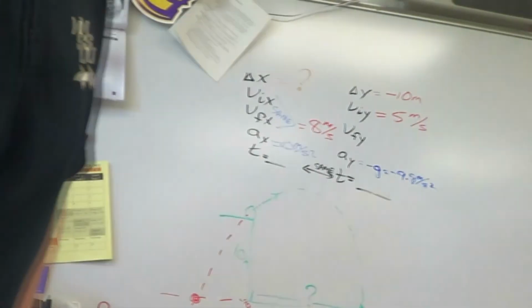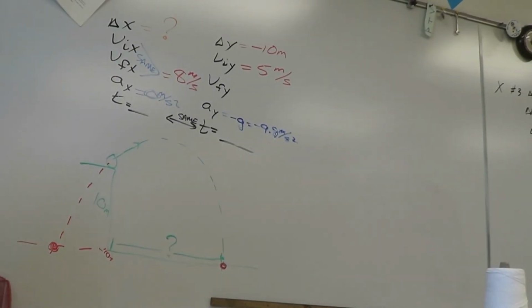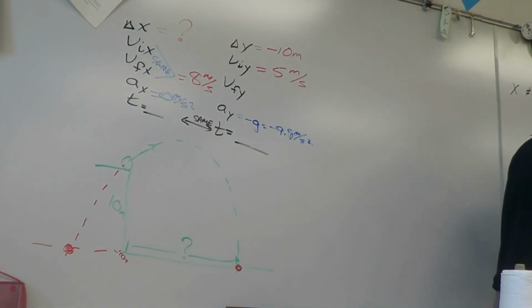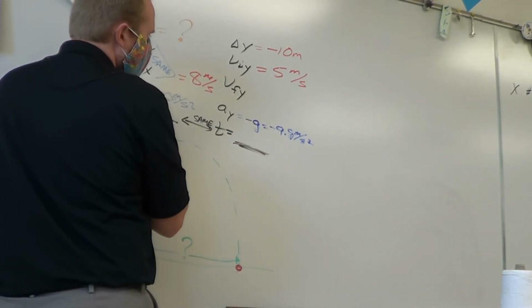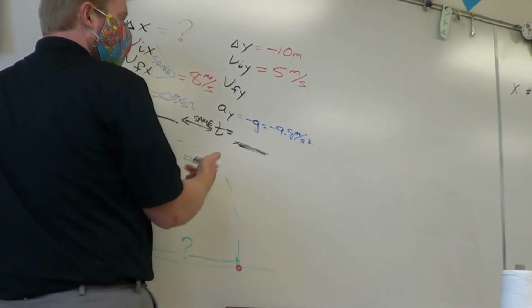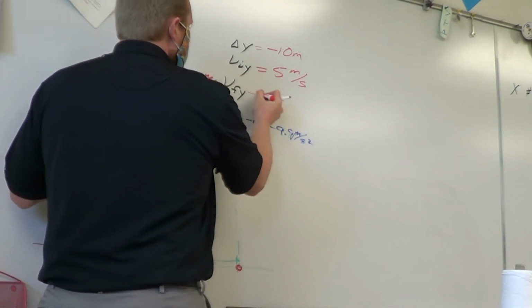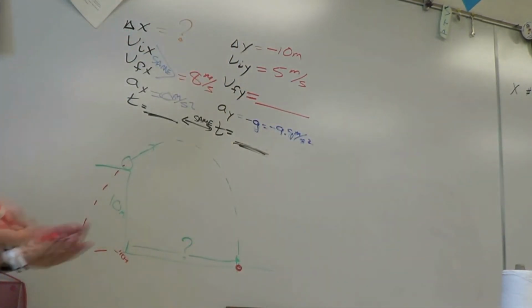The other way we could do it is, given our list of variables that we already had, this is what we started with. Ultimately, we're solving for delta x. But in order to get to delta x, we need to have our time. By choosing equation number 3, we had to do quadratic. The other option is, if we solve for my final velocity first, then we could solve for time, and then we could do it that way.